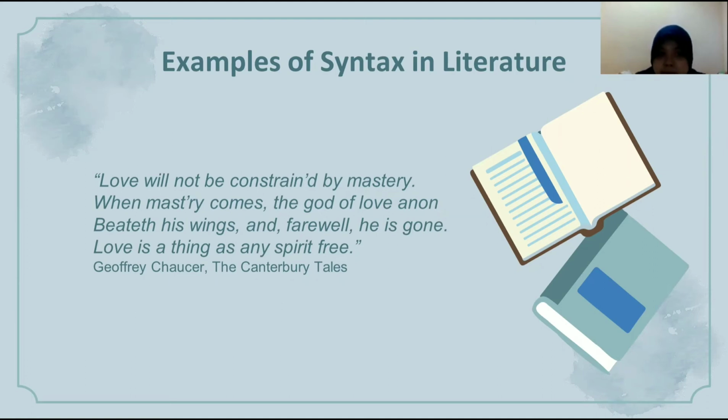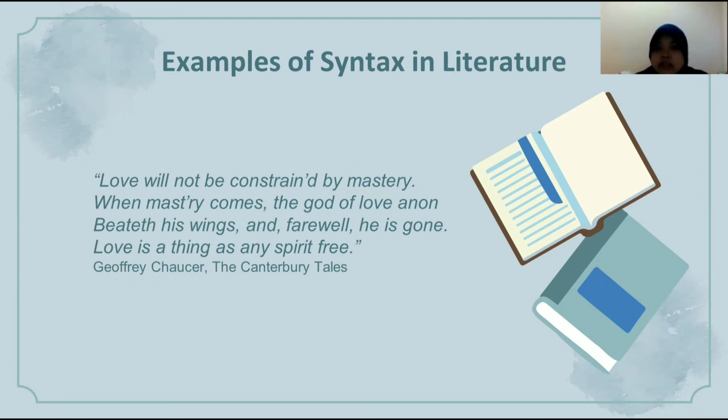This example comes from a translation of Geoffrey Chaucer's Middle English masterpiece, The Canterbury Tales. Even though it's modernized, it retains hints of the Middle English syntax. It can be seen from the subject, the god of love, and the verb agreement, beats.